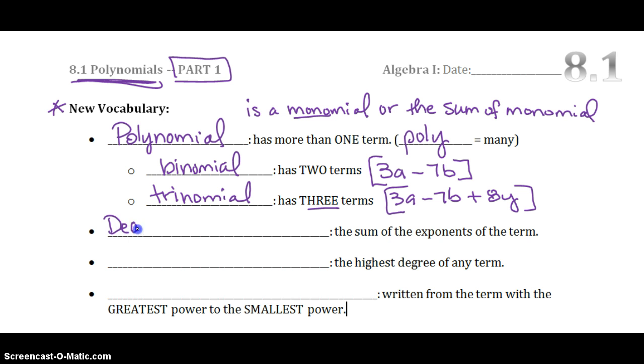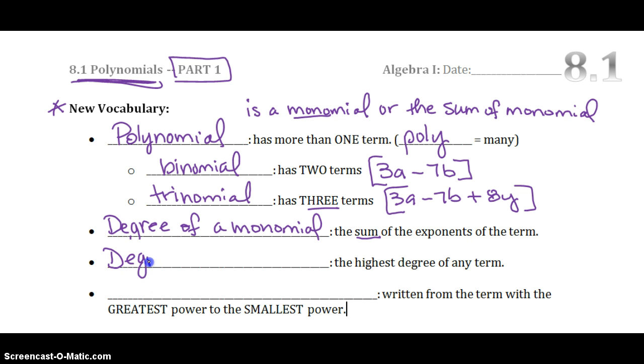Okay, the degree of the monomial is the sum of the exponents of the terms. Now, let that soak in. The sum of all of the exponents of the term. That is what makes the degree of a monomial.